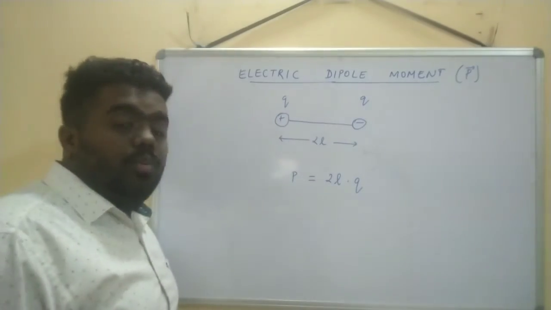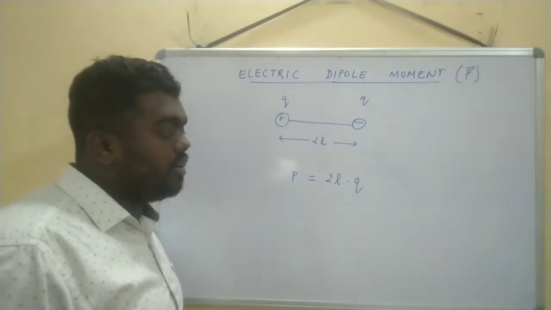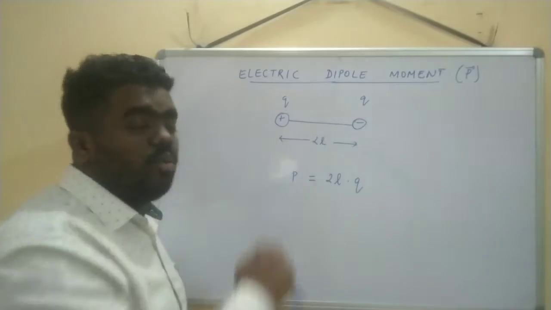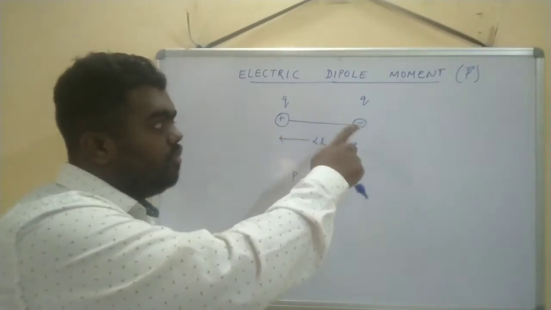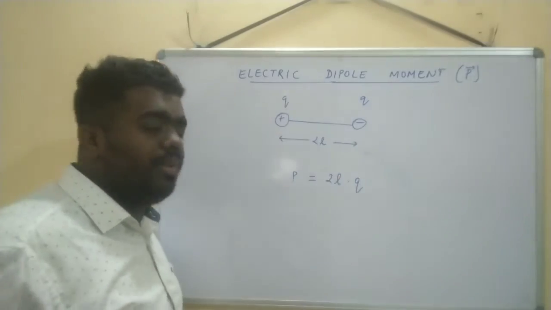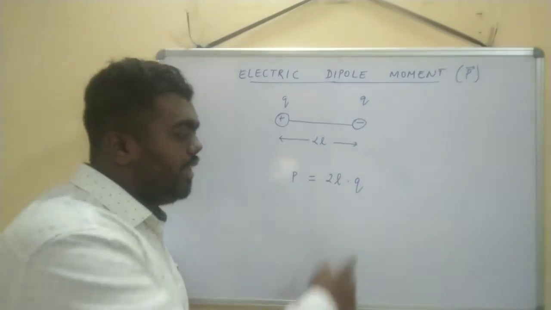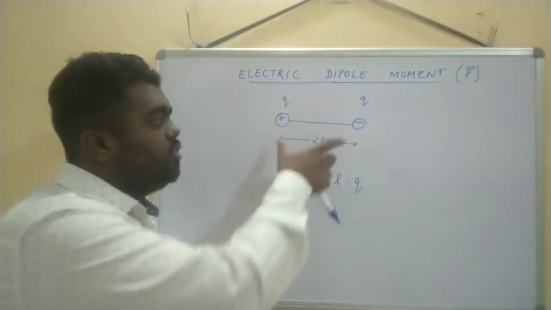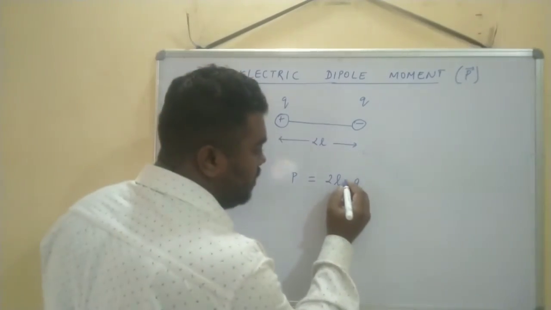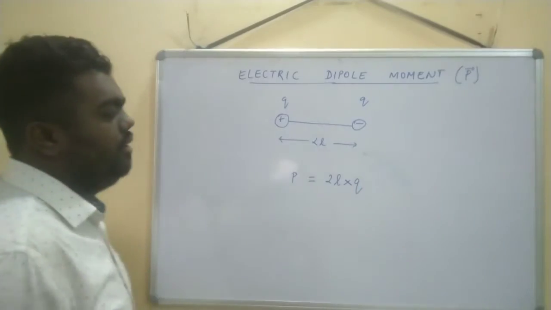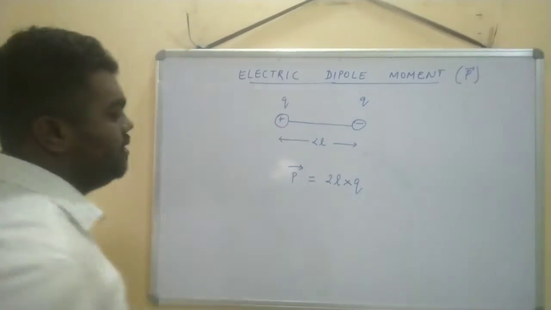It is the product of the magnitude of any one charge. Don't take both, otherwise it will become Q square. So the magnitude of the charge and the distance between the two charges, or simply you can write it as 2L cross Q, and it will be a vector.